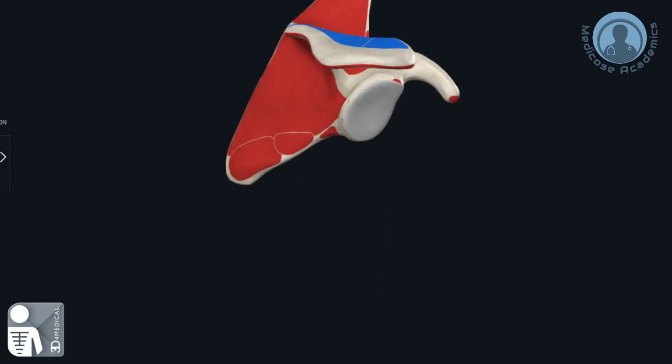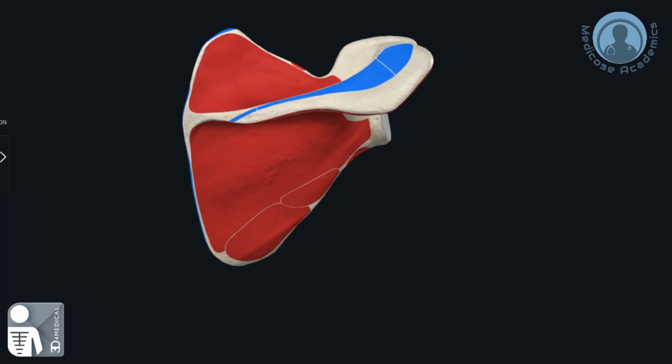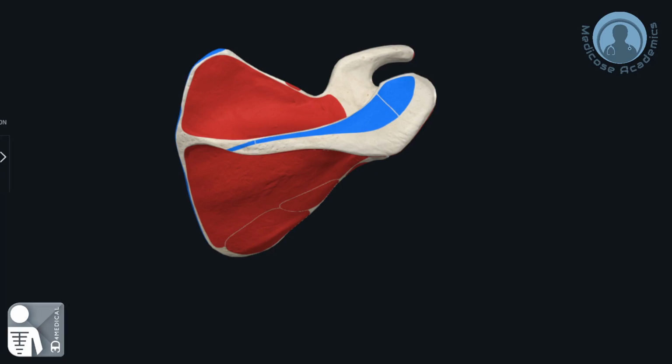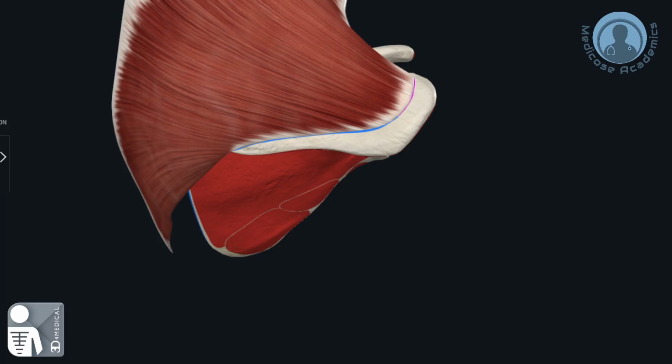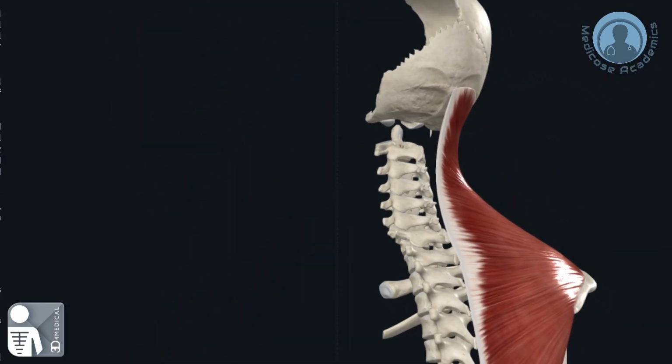Now the two muscles that are attached to the spine of scapula. These two muscles you have done with the clavicle too. The one that is attached to the superior lip of spine of scapula and the superomedial aspect of the acromion process is the trapezius muscle, attached to the back all the way from head to thoracic vertebra.